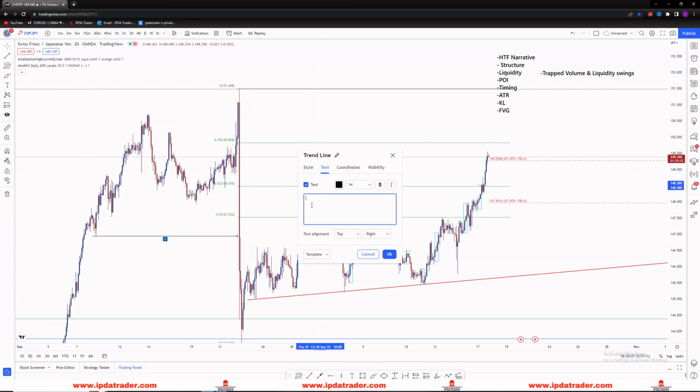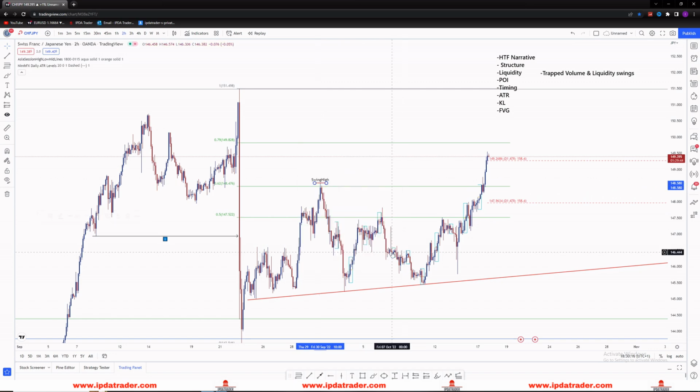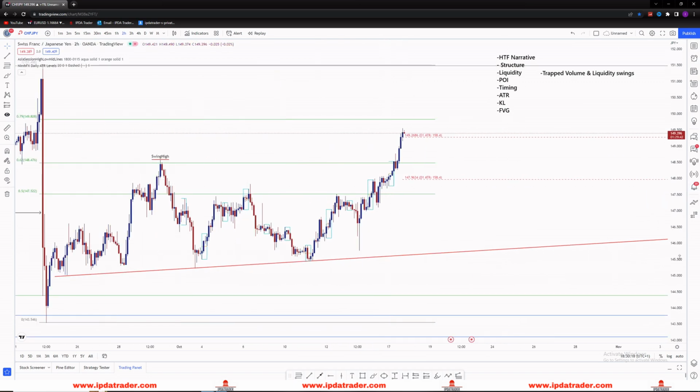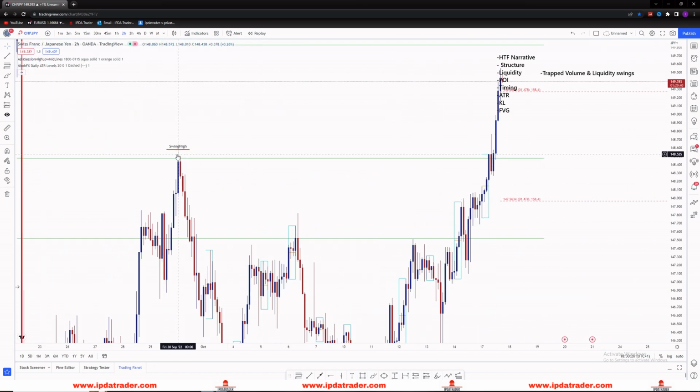And once again, this is going to take some time, but this is essential for you to actually map out all these things in order to really understand what's going on in the markets. So we have an obvious swing high that we've cleared, and you want to make sure this is accurate, okay? So I'm looking top left, and I'm seeing that the high comes in on 148.572.